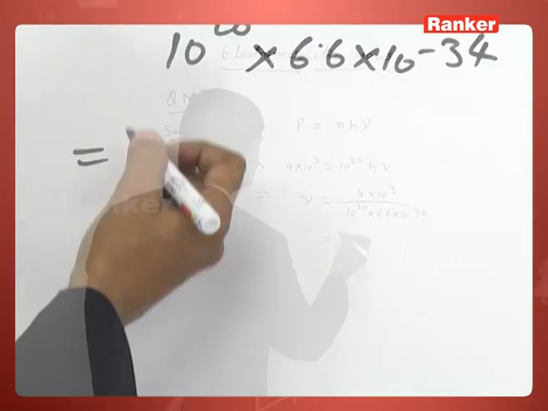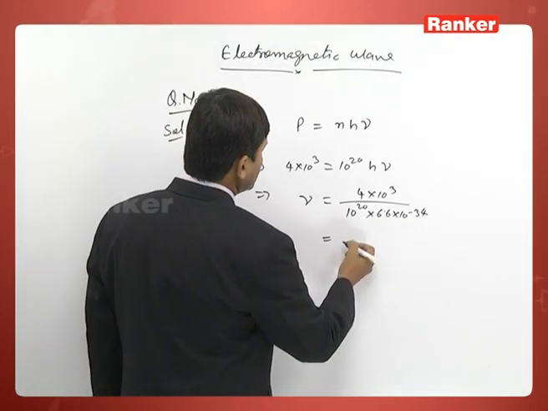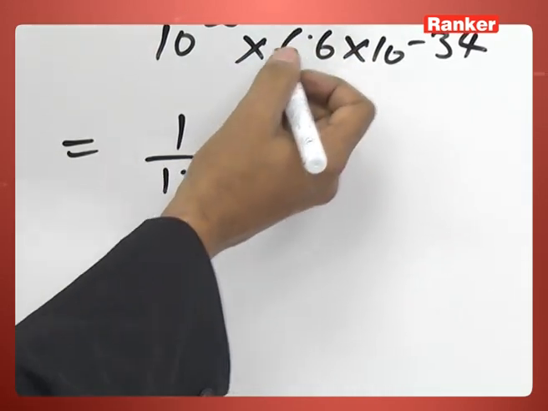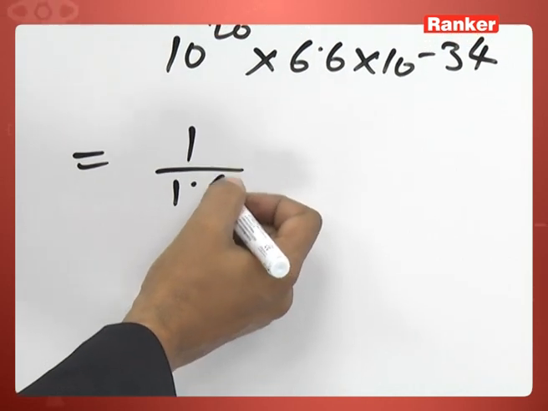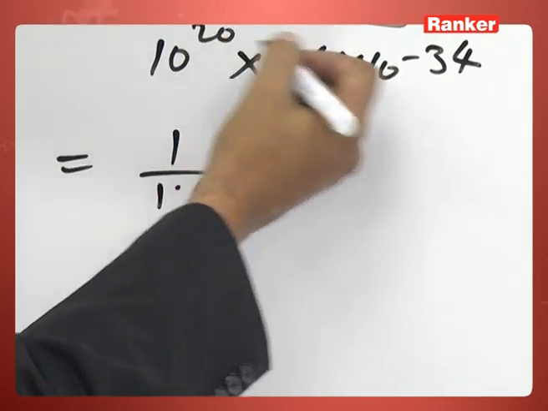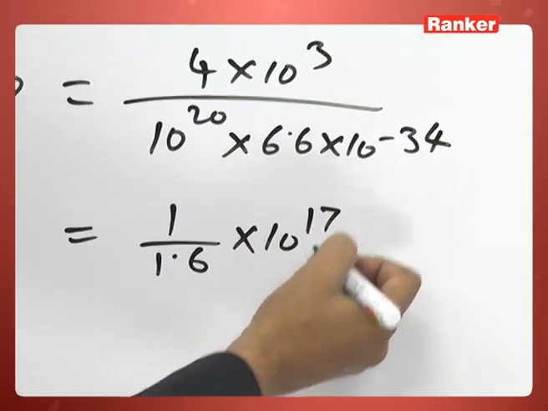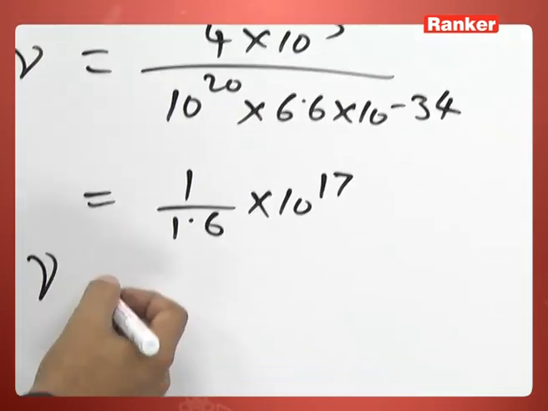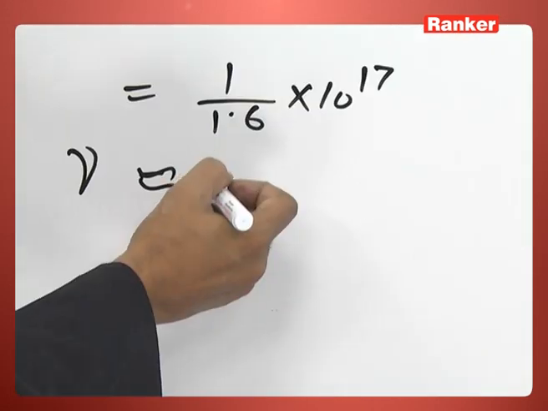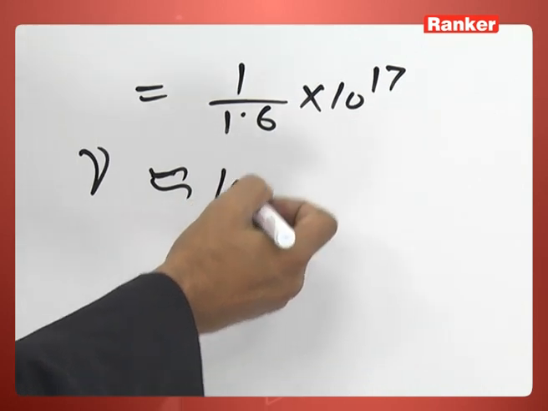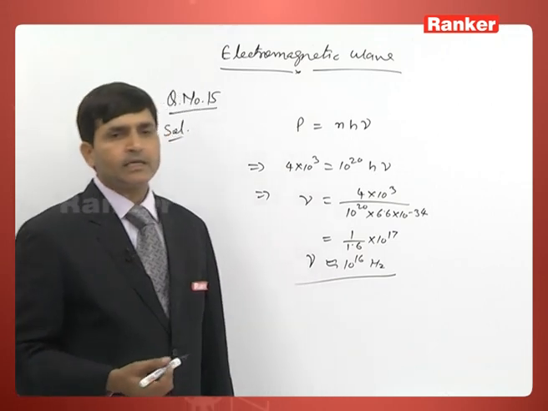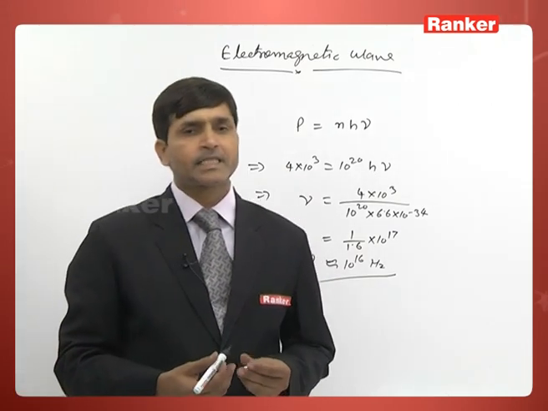From here we get approximately 1 by 1.6 into 10 to the power 17, so the frequency is in the range of 10 to the power 16 hertz, and this is the range of frequency of X-rays.